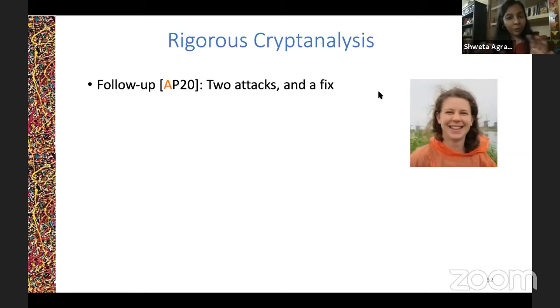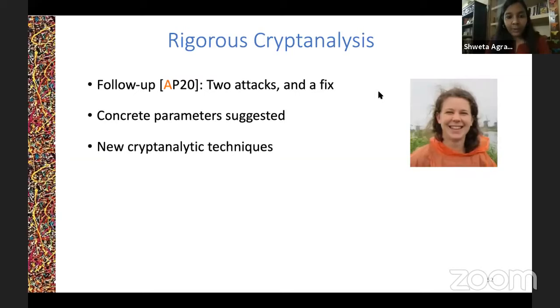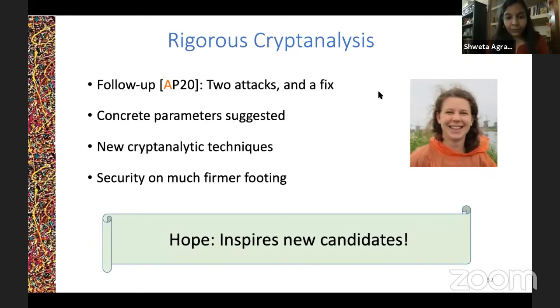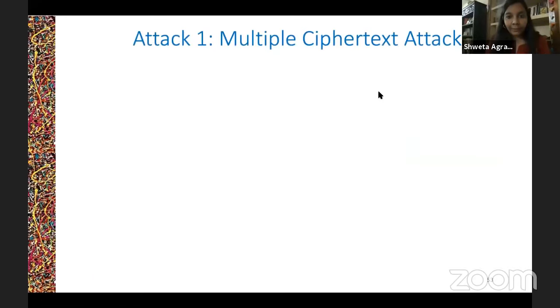The fix is not very complicated, and the scheme does not change very much with the fix. We also suggest concrete parameters. We develop new cryptanalytic techniques, and we feel that the security is on a much firmer footing after this work. Our hope is that this inspires new candidates.